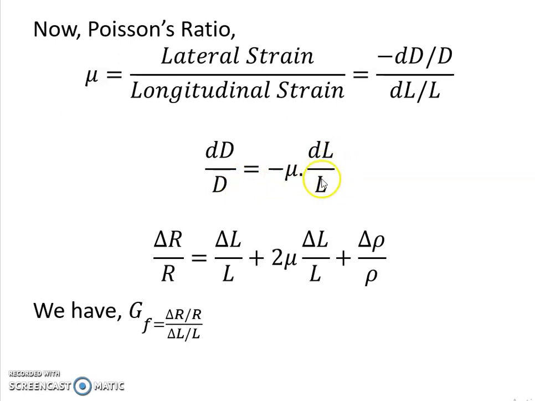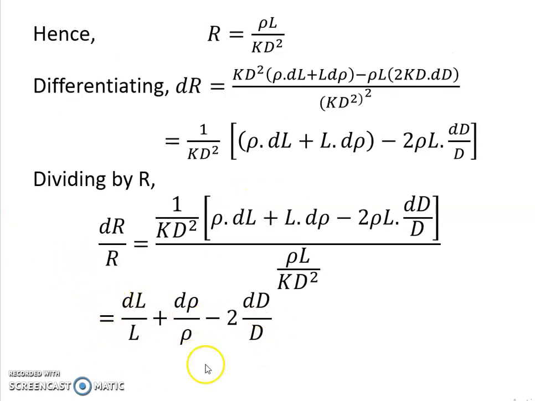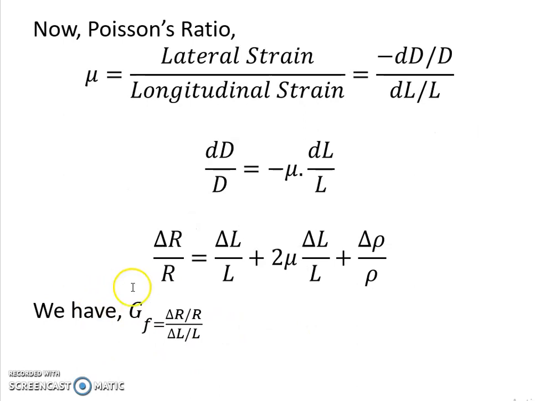Now, after putting the value of dD by D as minus mu into dL by L in the above equation, it can be rewritten as delta R by R is equal to delta L by L plus 2 mu delta L by L plus delta rho divided by rho.